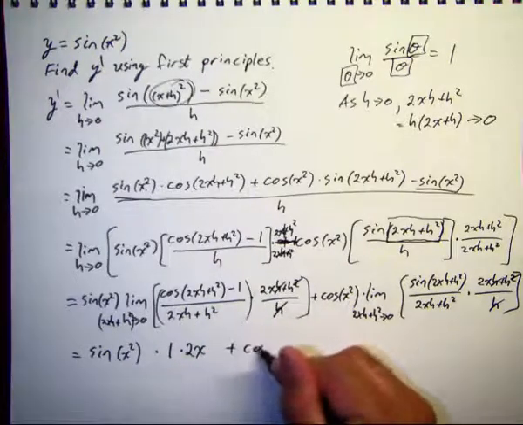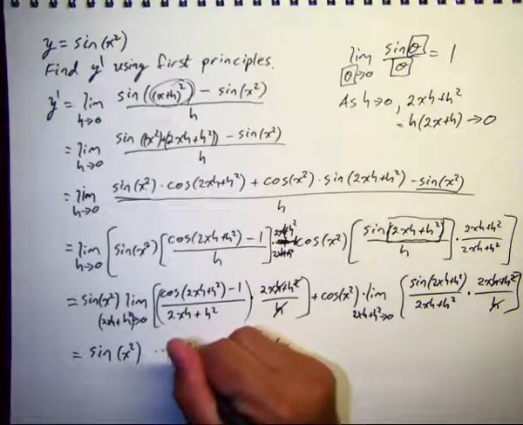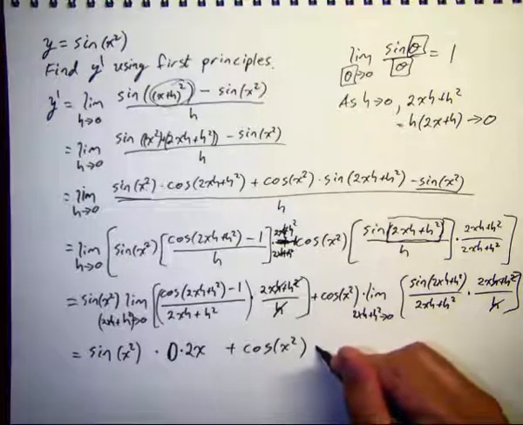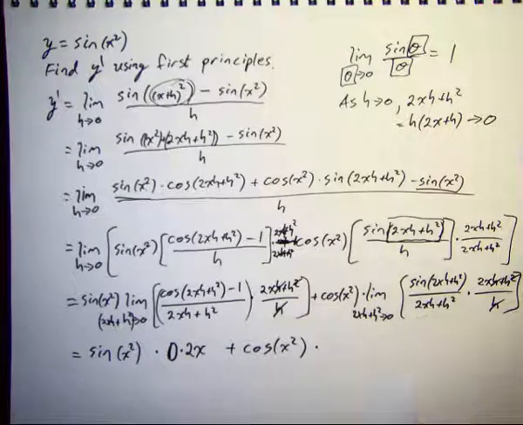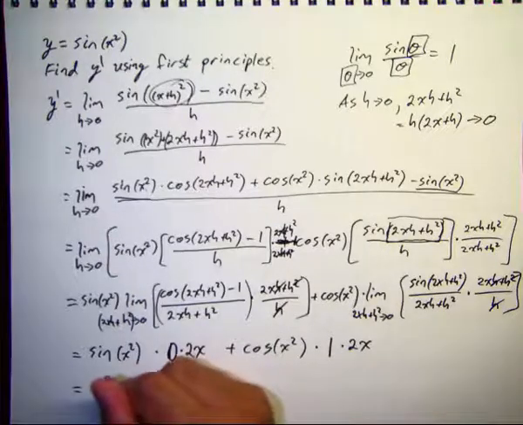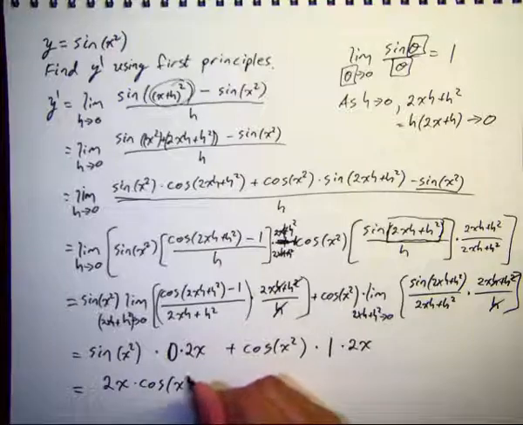Plus cosine of x squared times this one, which is sine theta over theta as theta goes to 0. That's equal to 1 times 2x. And so this is equal to 2x times cosine of x squared.